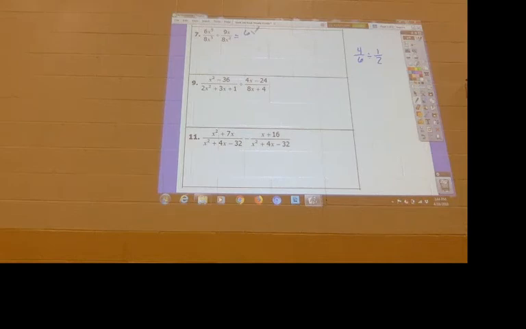So I have 6x to the 5th over 8x to the 5th multiplied by 8x squared over 9x. Wait, why'd you flip the second one? Because you multiply by the reciprocal. We just said when we multiply fractions, you flip the first one, I mean the second one.